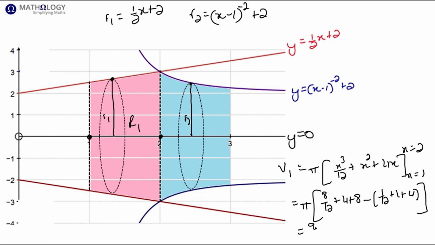The volume of the second region will be pi times the integral from x equals 2 to x equals 3 of r2 squared, so that will be ((x minus 1) to the minus 2, plus 2) all squared. Again, we need to multiply this bracket out.